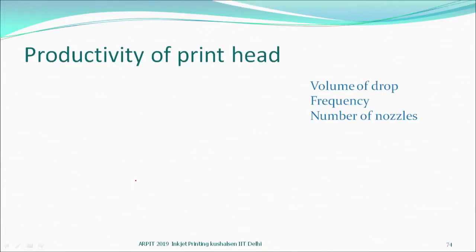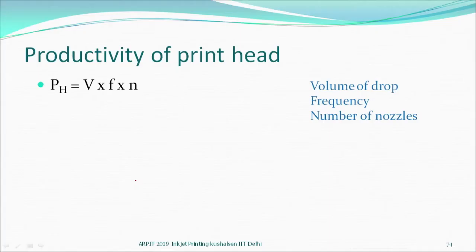So, the productivity of a print head is dependent on the volume of a drop, the frequency at which these print heads are working, and how many nozzles are active. And of course, we are talking about one print head, there can be many more print heads.